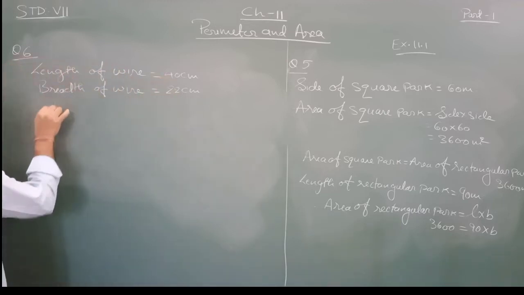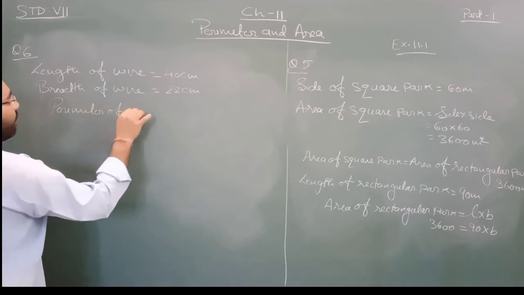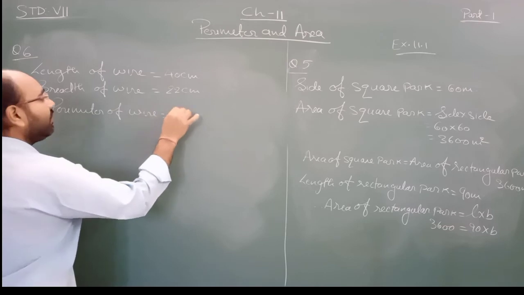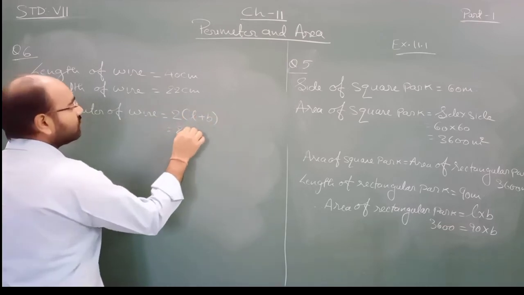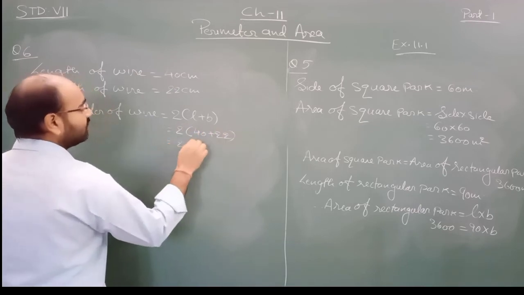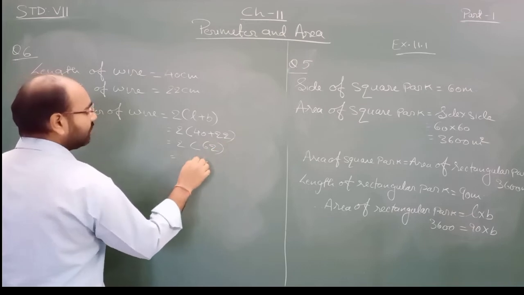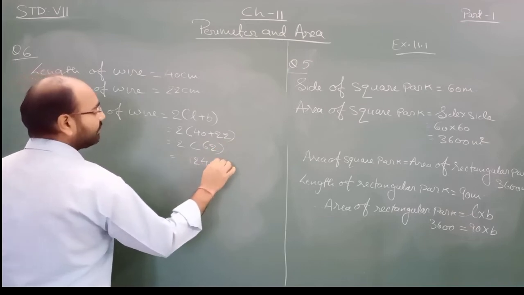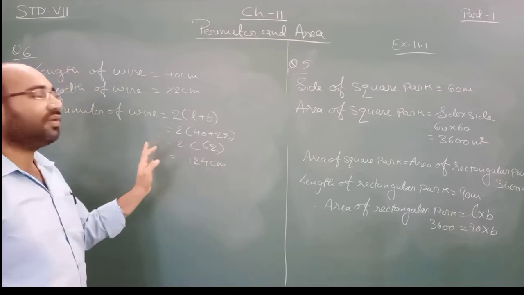Now we'll find out the perimeter. So perimeter of wire will be 2 into L plus B. So 2 into 40 plus 22, that comes to 2 into 62, which is equal to 124 सेंटीमीटर। ये वायर का टोटल पेरीमीटर हो गया है.